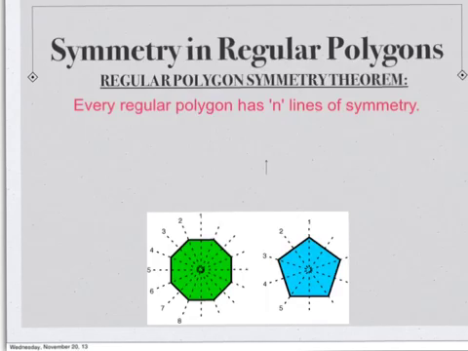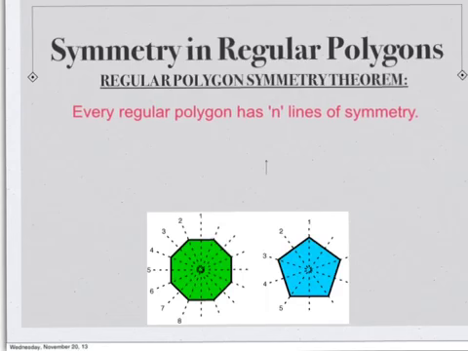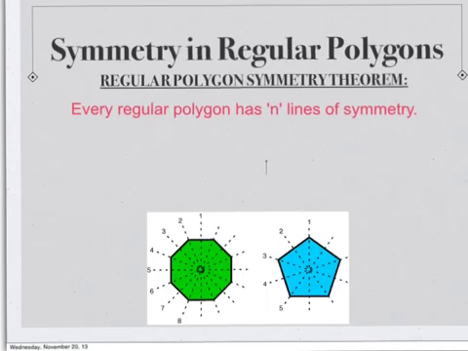Okay. The regular polygon symmetry theorem, because you know your textbook loves their symmetry, says that every regular polygon has n lines of symmetry. And remember, n always stands for the number of sides that a figure has. Okay?